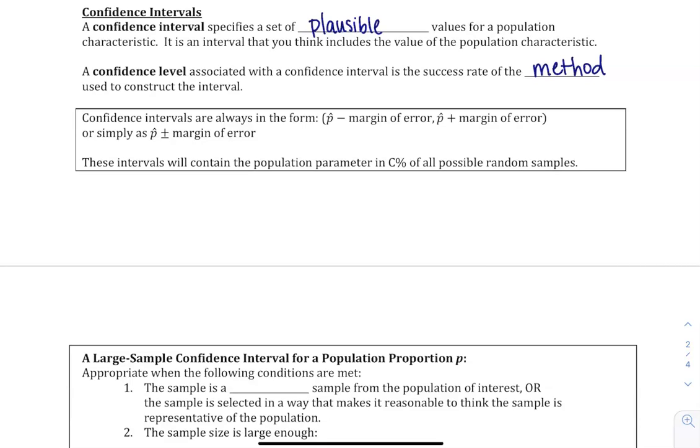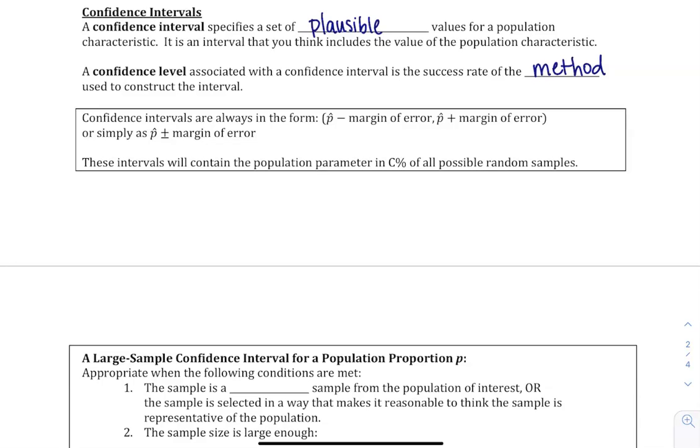Confidence intervals are relatively easy to calculate for proportions. You take your sample proportion, you subtract the margin of error. You take your sample proportion and you add the margin of error. Sometimes we can be a little lazy and put that together and say it's p hat plus or minus the margin of error.